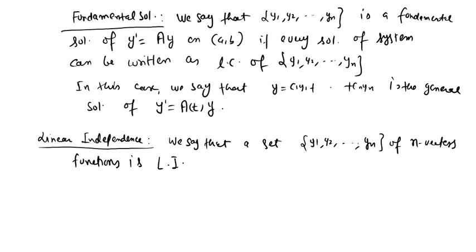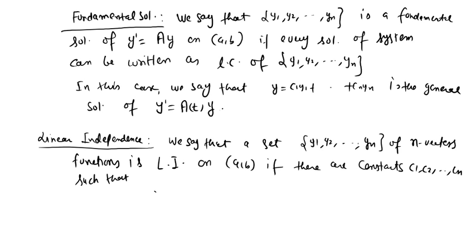is linearly independent (LI) on a b if there are n constants c1, c2, up to cn such that their linear combination is 0, this implies that c1, c2, up to cn all are 0.